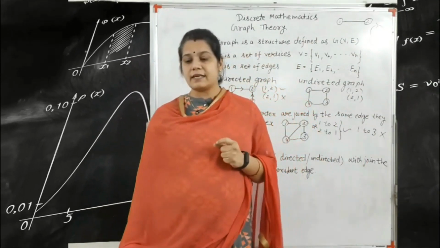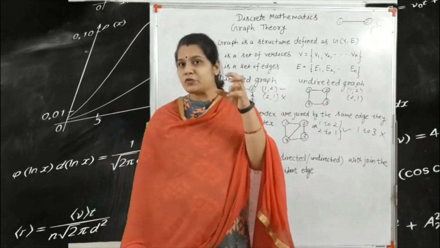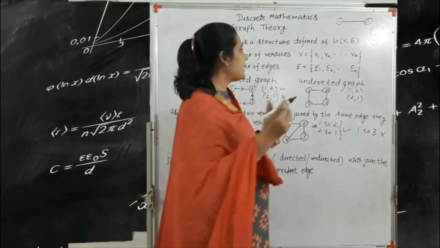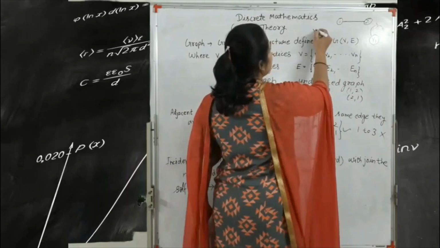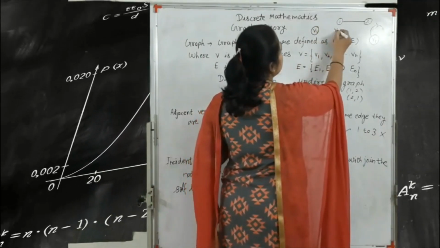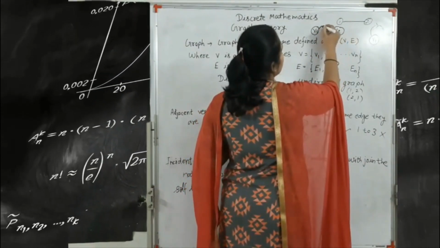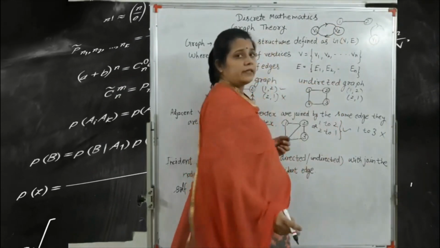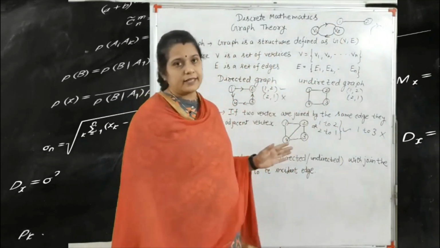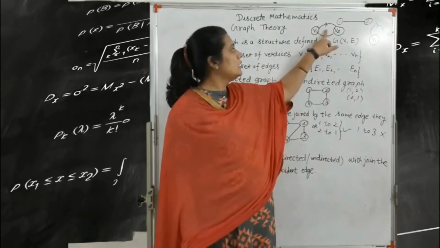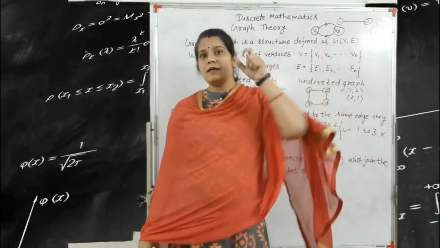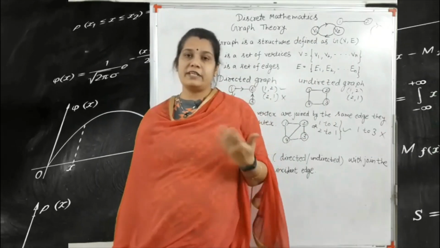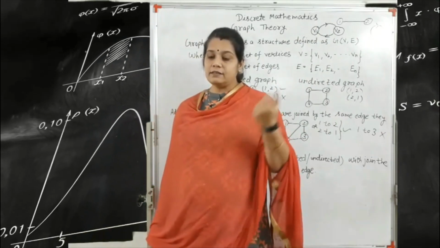Next one is the parallel loop. So what do we mean by the parallel loop? If we have two vertices V1 and V2, and for example these are two edges, directed or undirected, both are correct, then this type of diagram is a parallel loop, or we can say a parallel graph.